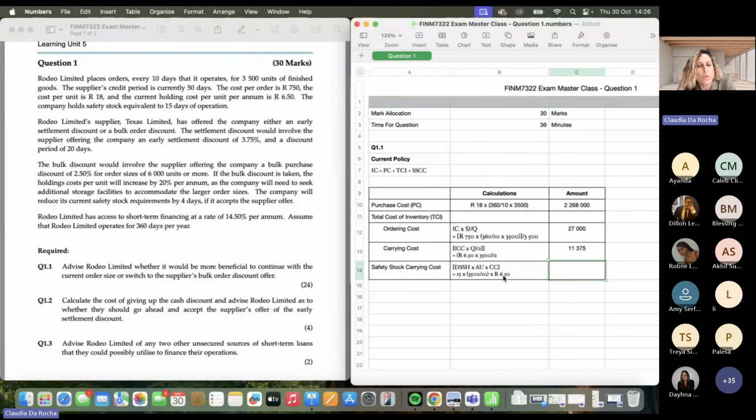When we calculate here, we're going to say our 15 times that, and we get 34,125.